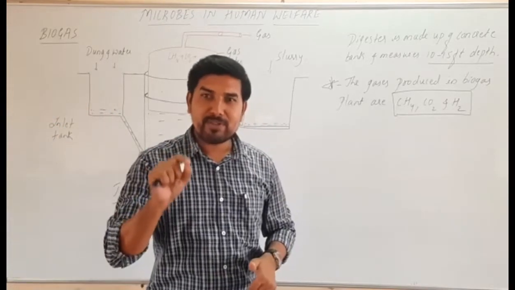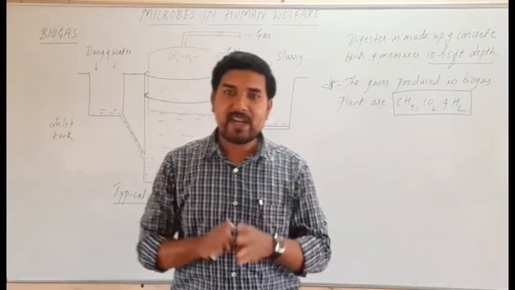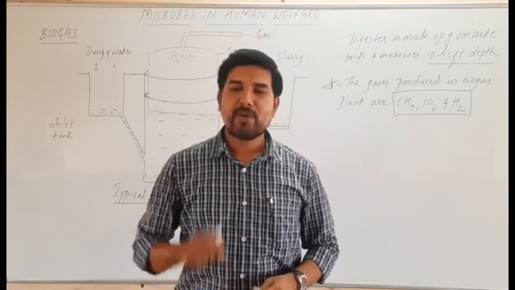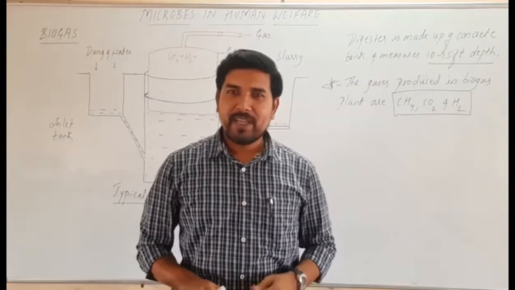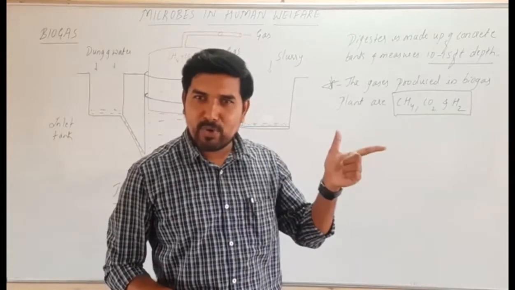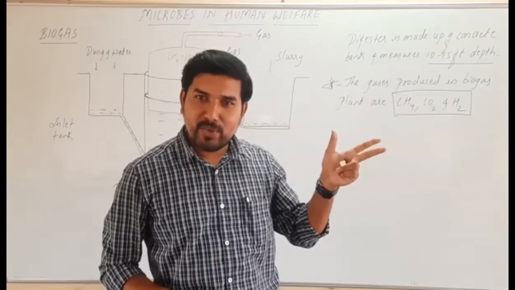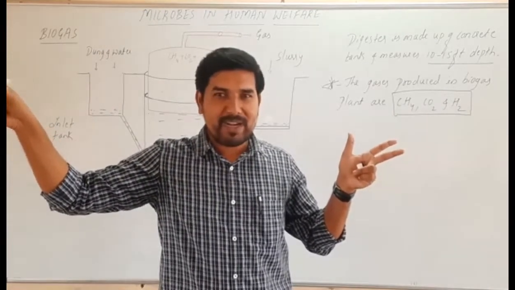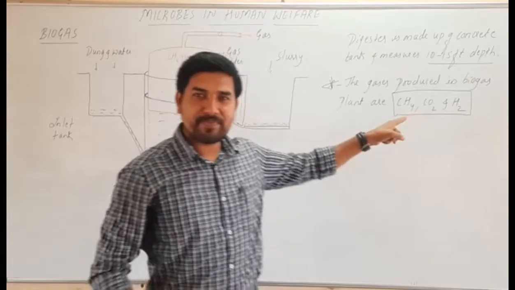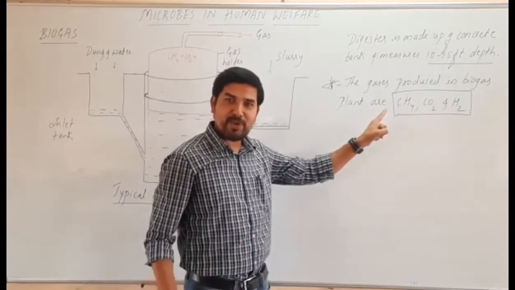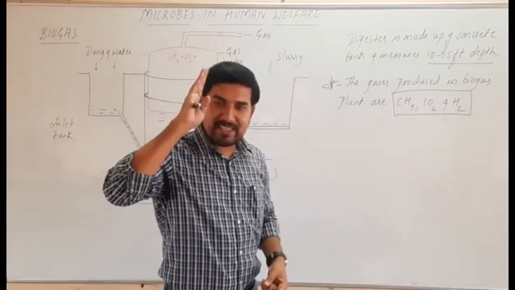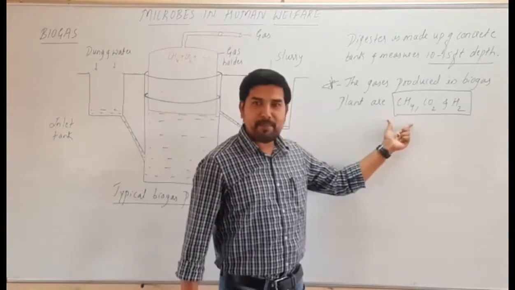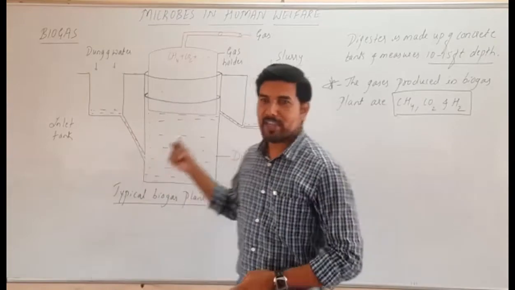We are coming across these three gases according to your NCERT, because apart from this, other gases are also produced. According to your NCERT, CH4 and CO2 are common. H2S is produced in STPs, sewage treatment plants. H2 is produced in the biogas plant. So remember the difference, because the gases will be asked in the objective part also. Okay, so this is regarding the gases produced in the biogas plant.